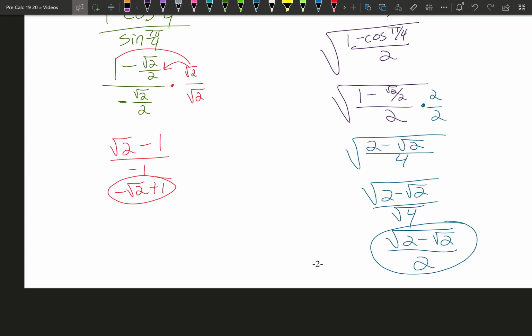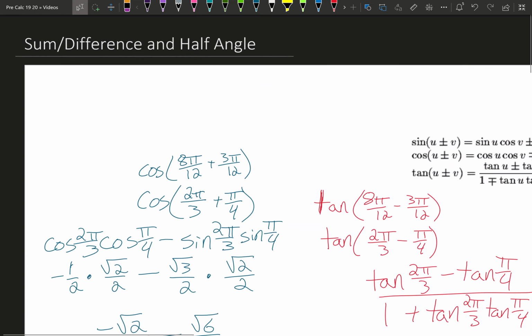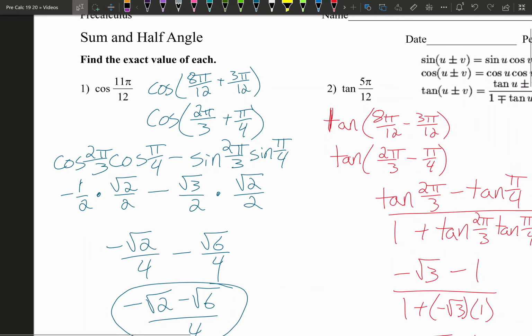Any of our sines and cosines of our pi over 8s, or if you take a look and use this for a pi over 12, are going to have this sort of nested square root, whether it's a square root of 2 or a square root of 3. So for example, if you had a 12th, you could write this, if you wanted, as cosine of 11 pi over 6 divided by 2.